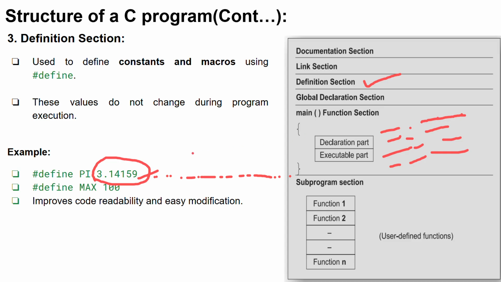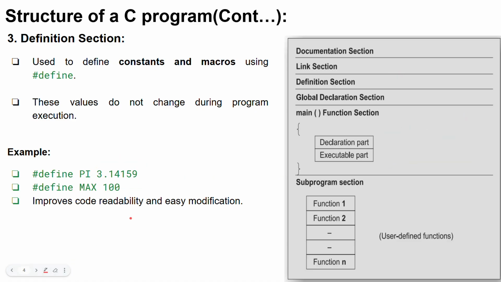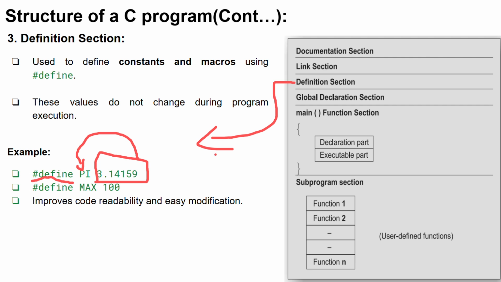To avoid that, we simply define or assign the value 3.14159 to pi with the help of the syntax hash define. As already said, it is a definition section. We are defining the 3.14159 value to the pi variable.